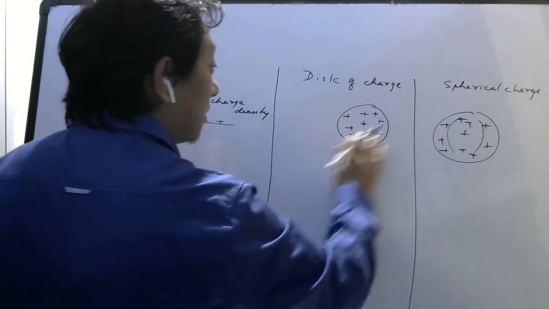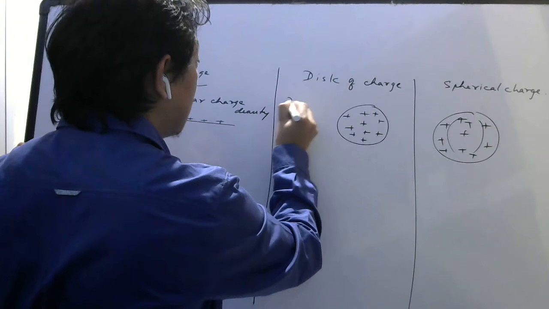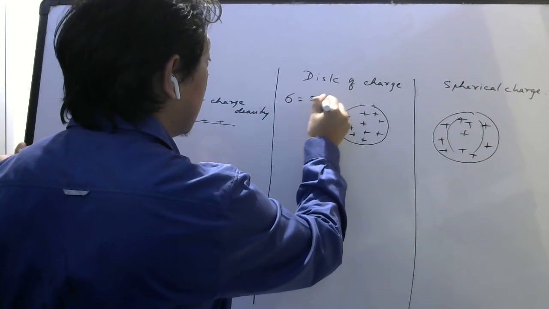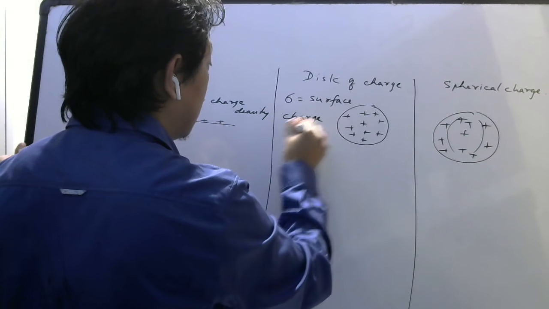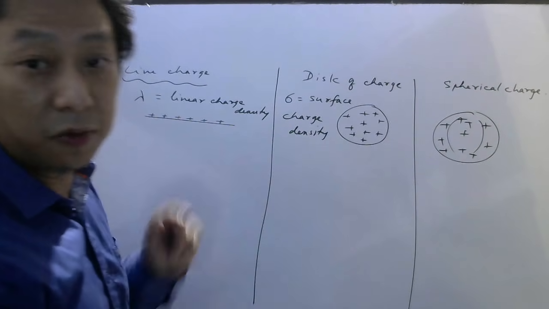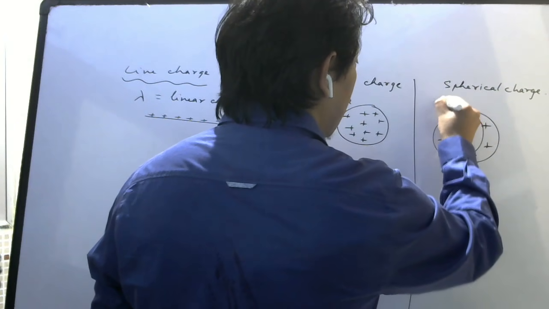Here, charge is on a surface and surface will have area. So here we define sigma, which is surface charge density. And what does it mean? Charge per unit area. Here charge is in volume, so we define something called rho.